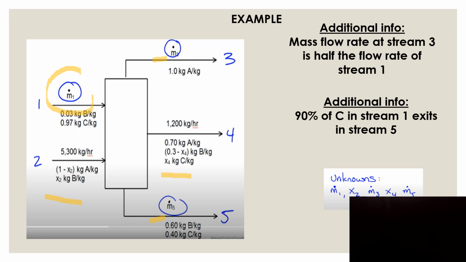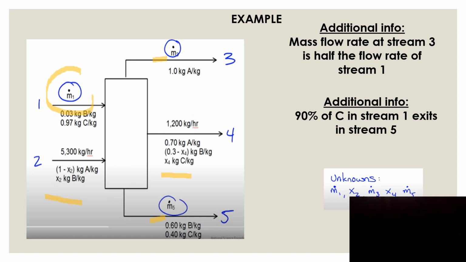So we have designated it X2, and the remaining must be 1 minus X2 for component A, mass fraction for component B, X2. Okay. And then we also don't know the composition in stream 4 for C. So we can designate it X4 for C, and then the mass fraction for component A is 0.7.